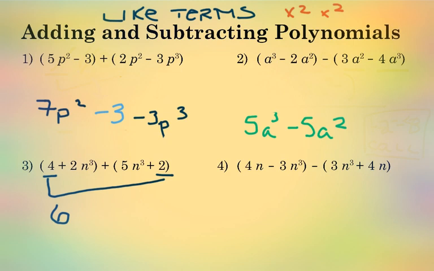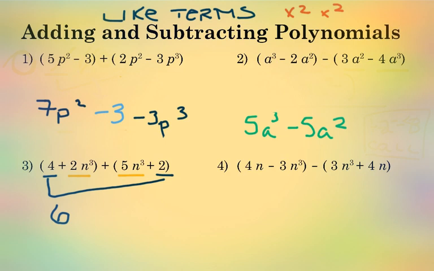Now let's see if those other 2 are going to go together. That would be convenient, but again, you can't assume. It didn't happen on number 1. 2n cubed, 5n cubed. They have the same variable, and do they have the same exponent?